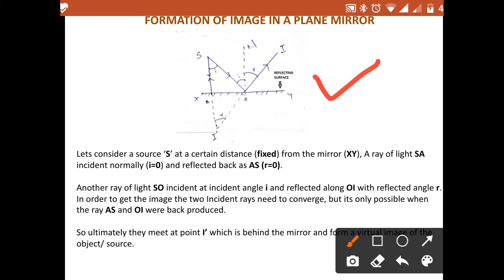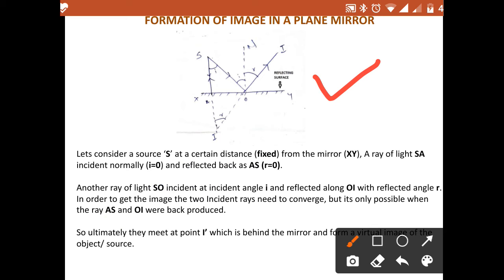We have taken a ray of light SA which is incident normally to the mirror XY as i equal to 0. That's why, according to the law of reflection, r is also 0, so it's reflected back in the opposite path.